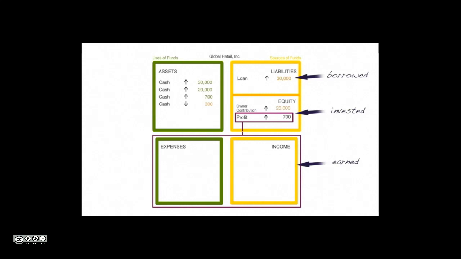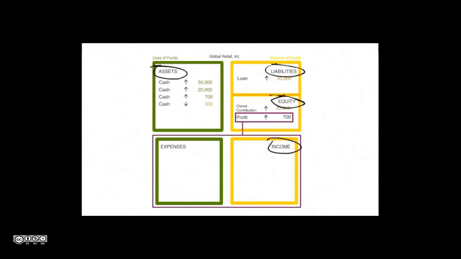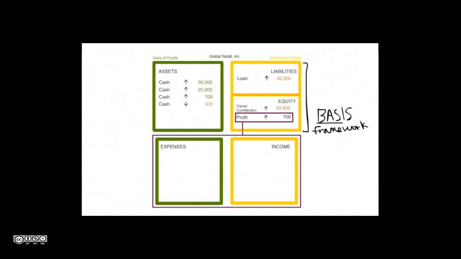Expenses are a use of funds and are therefore on the green side. The color accounting framework now has its 5 elements, which we refer to as boxes: assets, liabilities, equity, income, and expenses. And you can see why it's also called the basis framework, because it combines the balance sheet with the income statement.